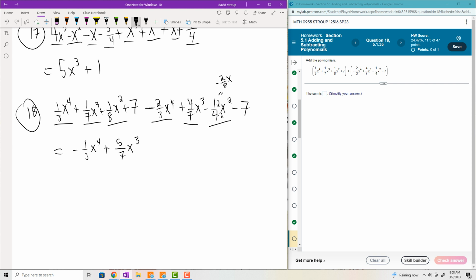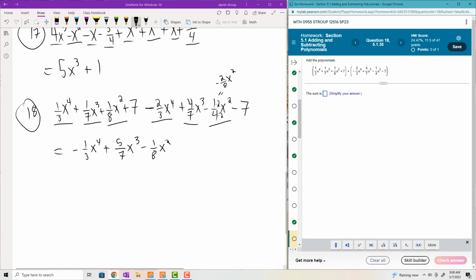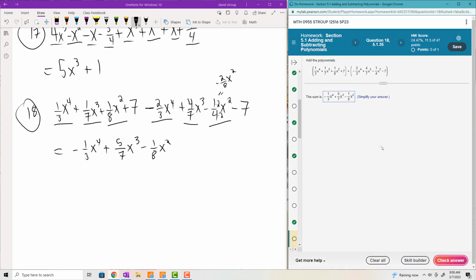So 1/8 minus 2/8 is minus 1/8 x to the 2nd. And then the 7 minus 7 is 0. So minus 1/3 x to the 4th plus 5/7 x cubed minus 1/8 x squared. And that should do it.